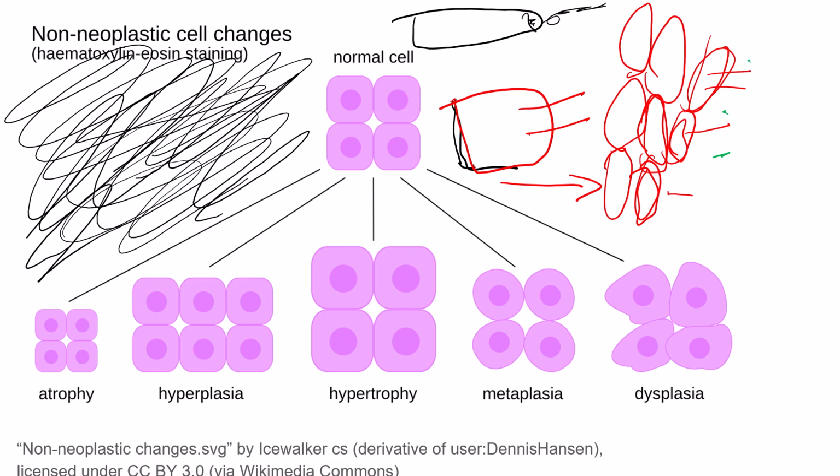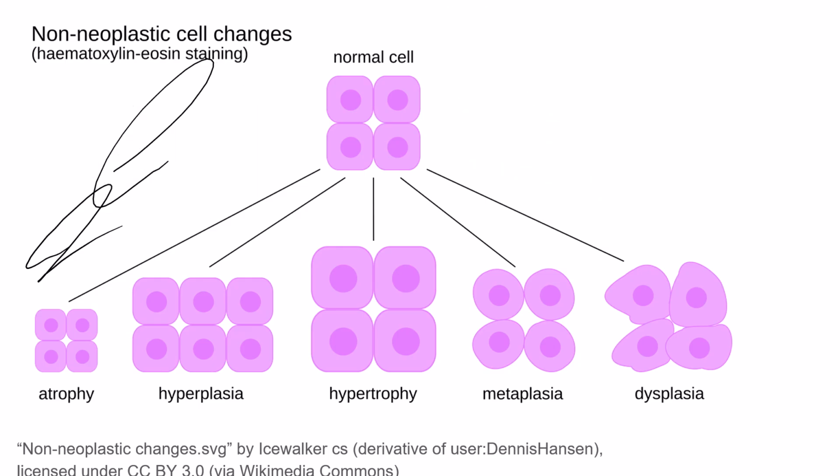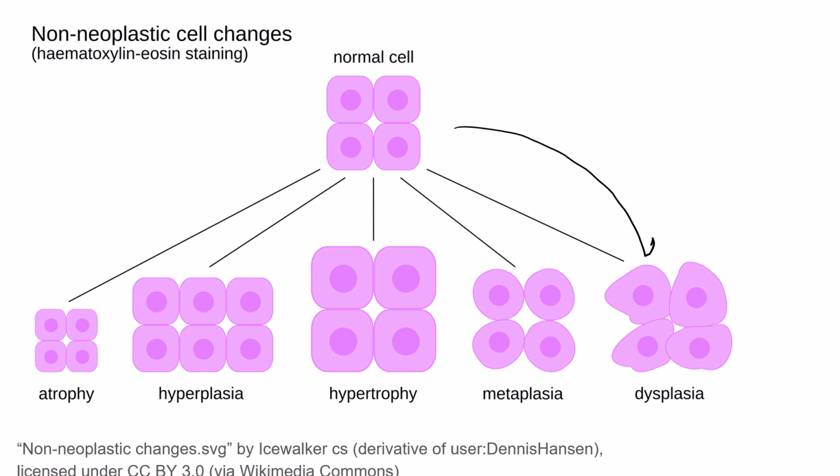And then our last example here that we will talk about is dysplasia. And that is a bad change that happens to cells. In this example, we'll talk about a virus called human papilloma virus, or HPV.